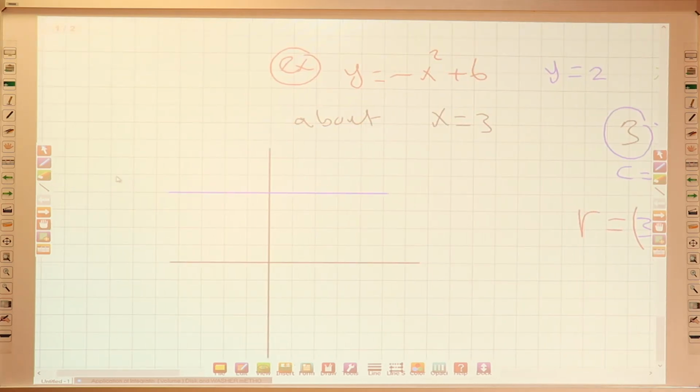Now the other curve, negative x squared plus 6, all the way up. 2 is here, 1, 2, 3, 4, 6.